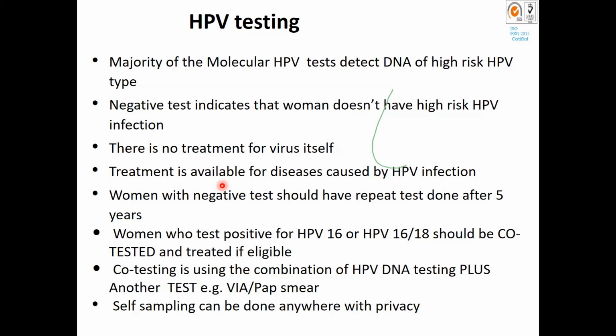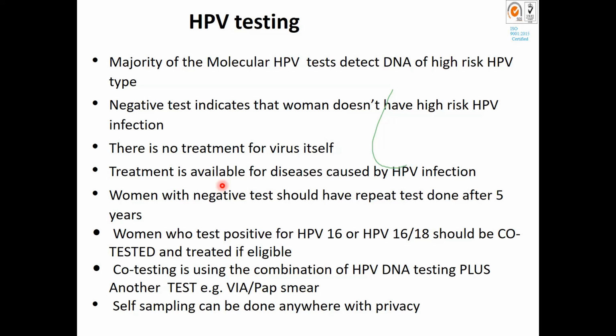Negative tests usually indicate that the woman does not have a high-risk HPV. And there is no treatment for the virus itself, but there is treatment for the infection that is caused by the virus. So what happens? We are saying that there is need for co-testing using other methods, combination methods, like VIA.